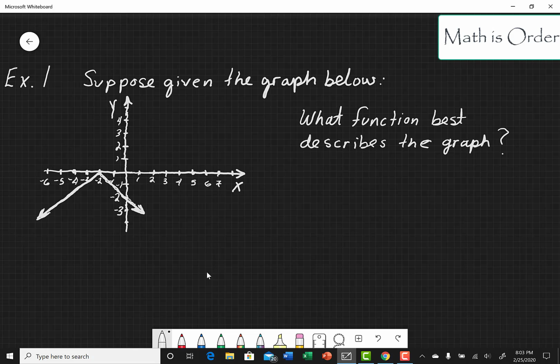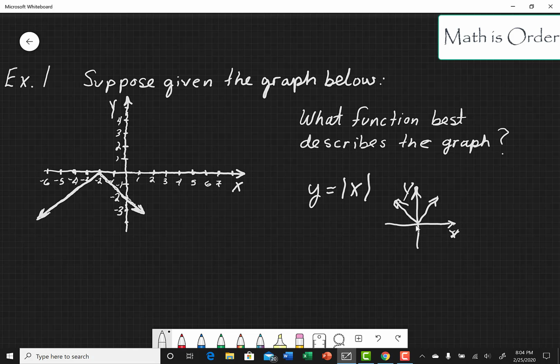And we can see the transformations that took place here. So first of all, y equal absolute value of x has a graph like this. Right? So from this graph, let me make little arrows on the end. To get to this graph, we had to move 2 units to the left.